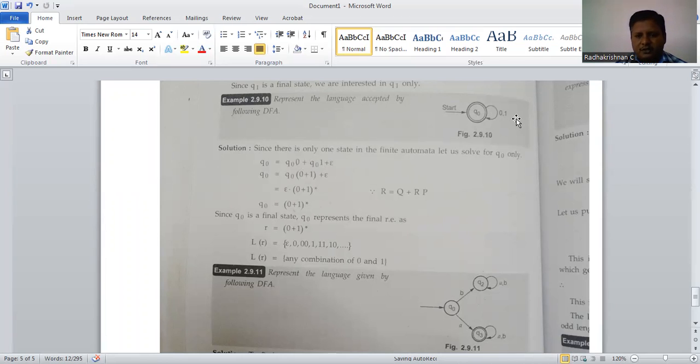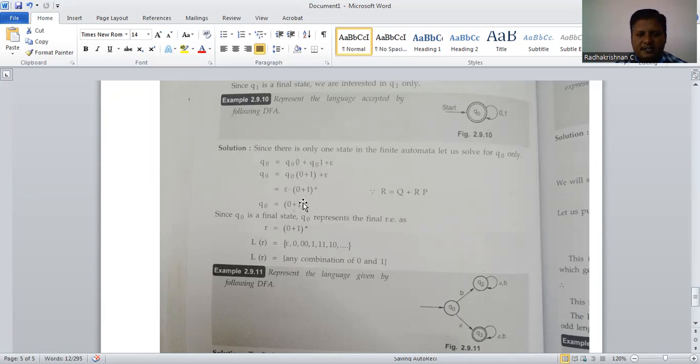So Q0 is equal to, from the Q0 state, 0 as the input, plus from Q0, 1 as the input. And the epsilon symbol will be added here because Q0 is the starting state. So Q0 is equal to Q0 open bracket 0 plus 1, plus epsilon.